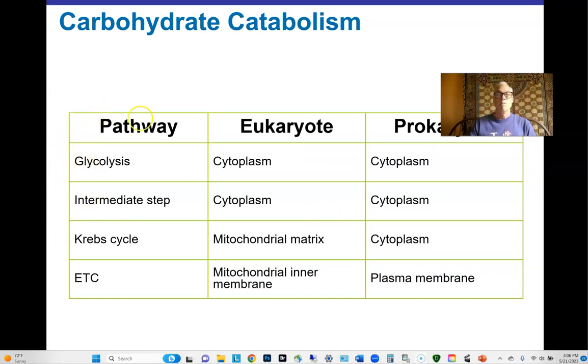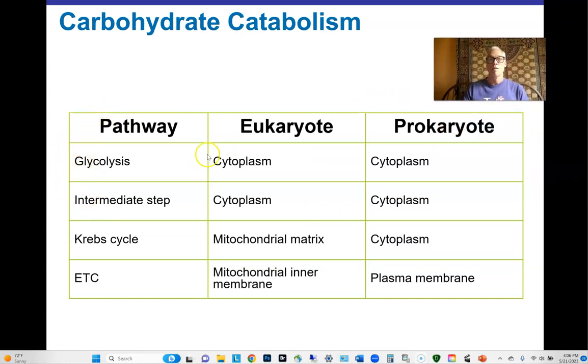Carbohydrate catabolism, just a little summary look at some things. Glycolysis takes place in the cytoplasm of both a eukaryote and prokaryote. Of course, in prokaryotes, everything takes place in the cytoplasm, pretty much. The intermediate step, the decarboxylation of pyruvic acid, is in the cytoplasm of eukaryote and prokaryote.